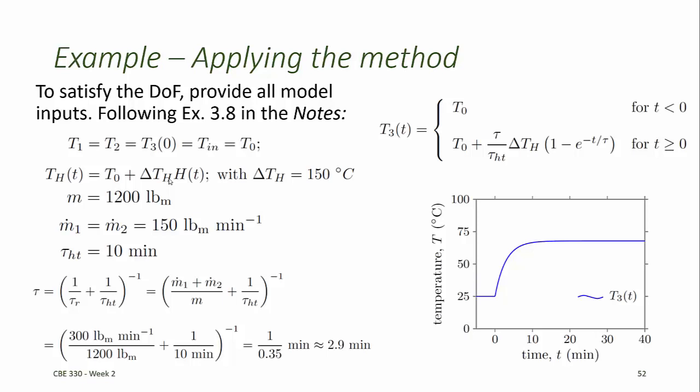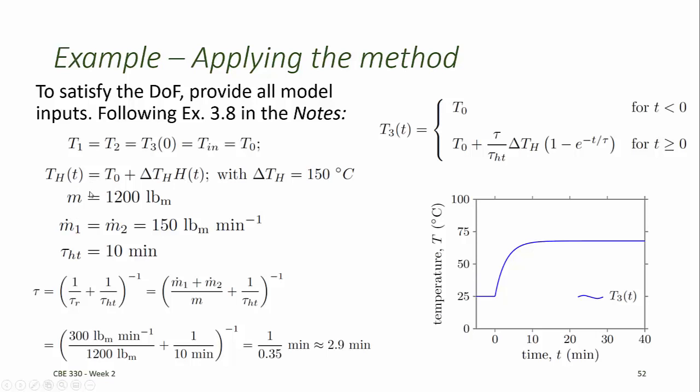This could be because a pump is turned on or a valve is opened. The heating medium is initially at the same temperature as the fluid in the tank and then is suddenly increased by a magnitude of 150 degrees Celsius at t equals 0. We could use some other arbitrary function of time to describe Th, but we have to choose a function of time in order to satisfy the degrees of freedom of our model.